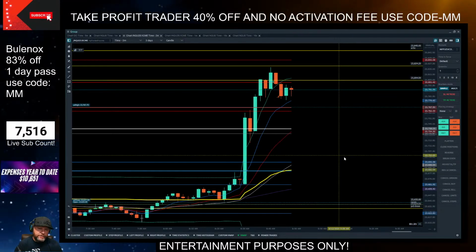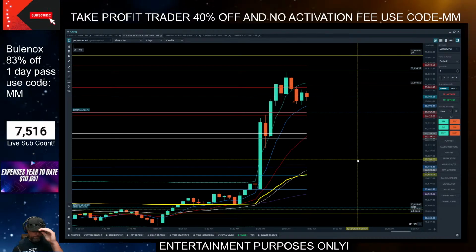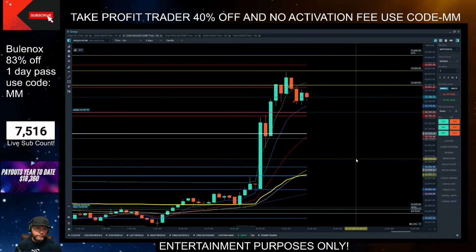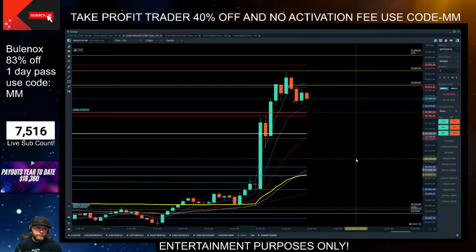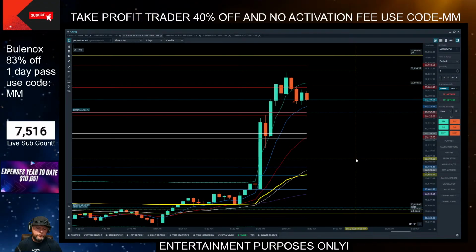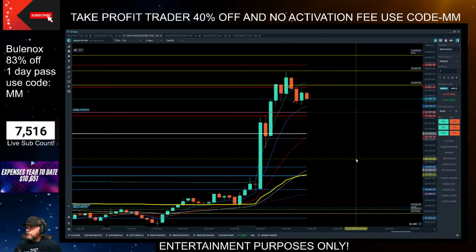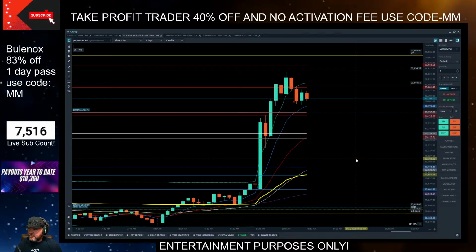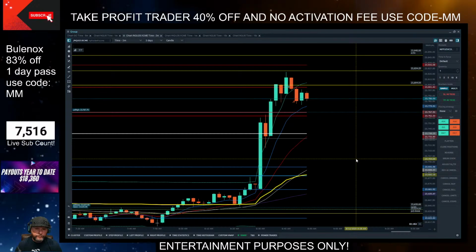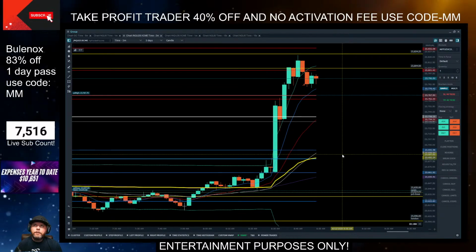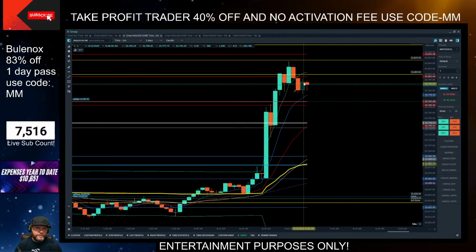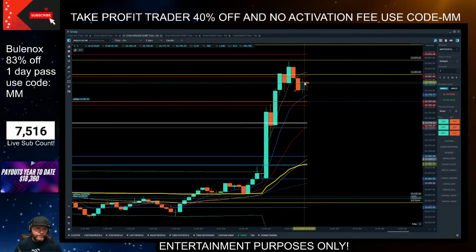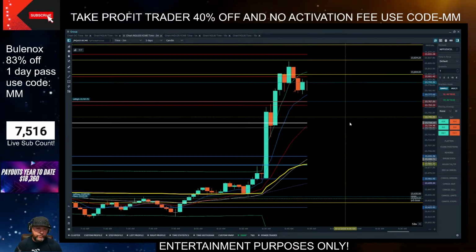I don't know. May just stick to 2 accounts. Got about 1 minute left on this 5-minute candle. Let's see how it closes. Moved over to the 2-minute chart here so we can see if we close above like the 93, 94 area, I'm going to take it with a stop at the low.